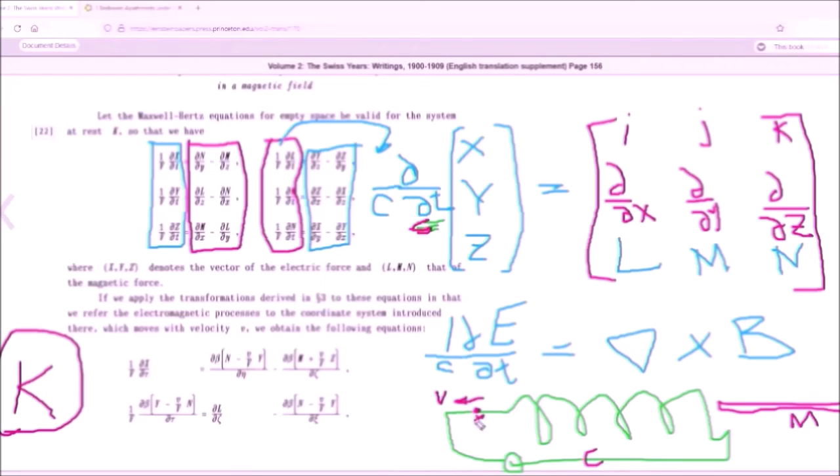That's the frame that is moving with the electron at a velocity of v. He is going to transform x, y, and z, the electric component and the magnetic component, from the frame K, the rest frame, to the frame small k on the electron that is moving inside the coil or the wire.